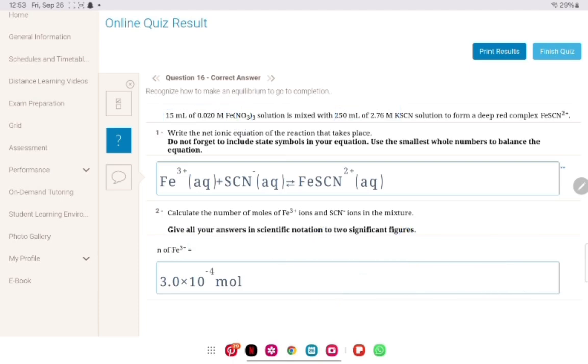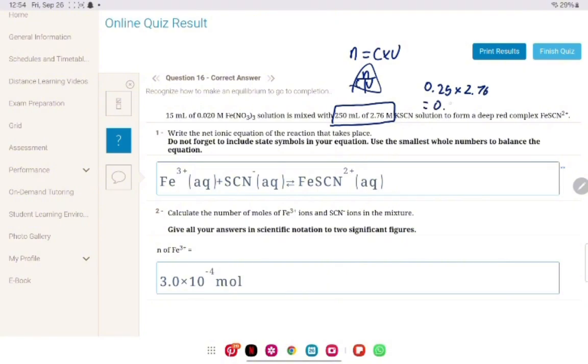And then the second one, they asked for SCN. So this is KSCN. You're going to look here. n equals C times V. Okay. 250 divided by 1,000, it's gonna be 0.25 times 2.76.